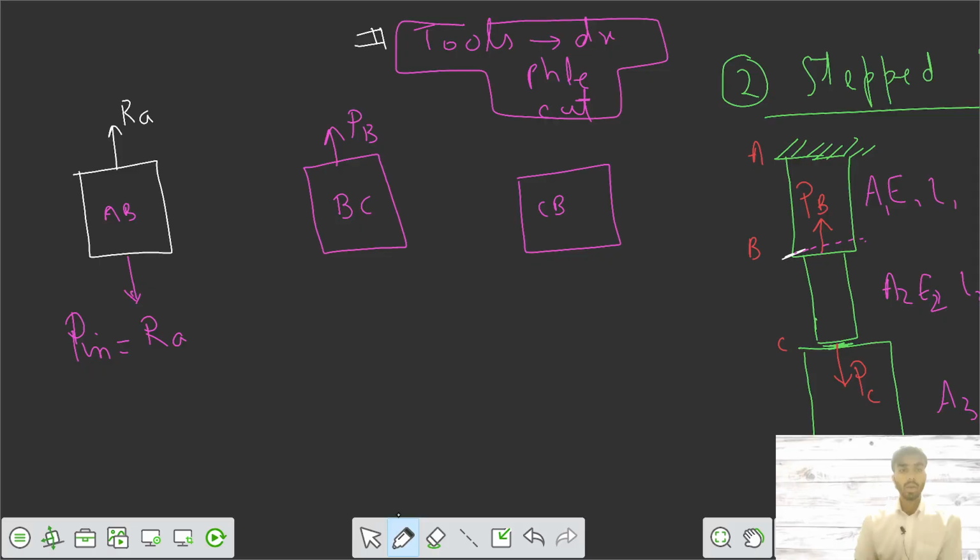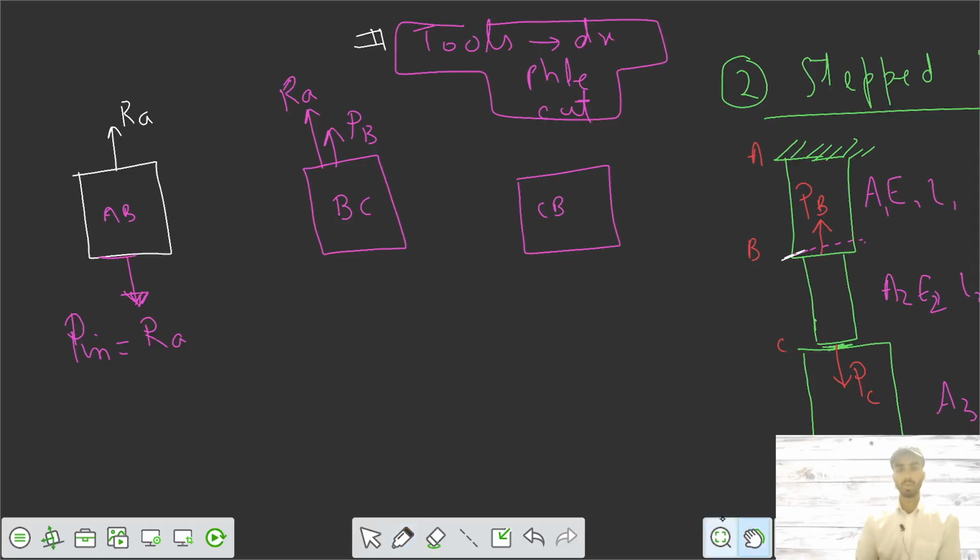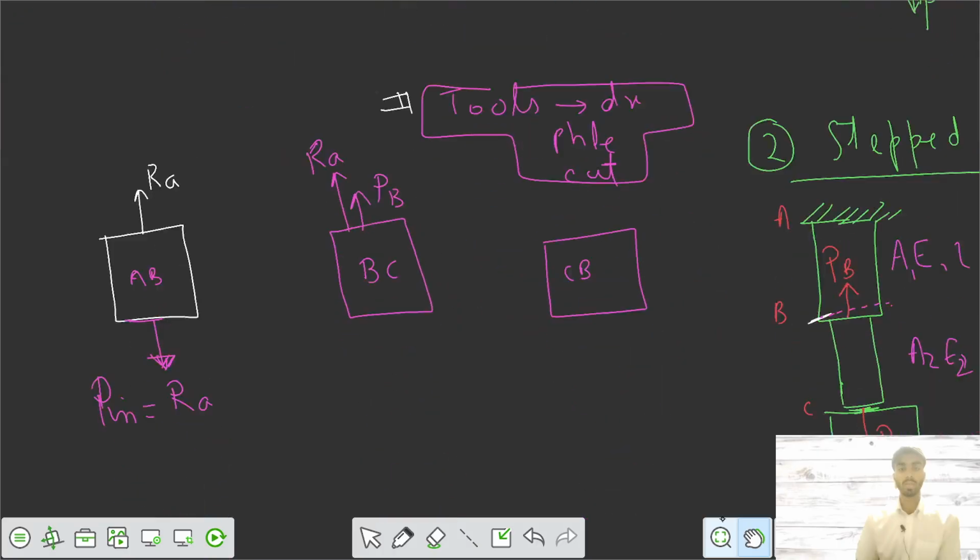Now, if RA is acting on this section in the downward direction in this member, because the section is the same, this one and this one, the force RA has to be in this direction also, in this member, opposite direction, because of this normal reaction concept.